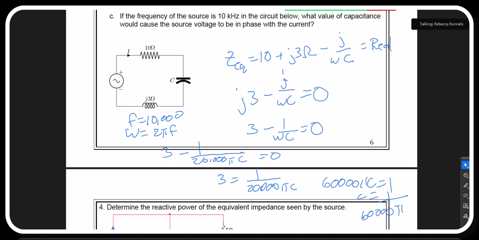So can someone tell me what 1 over 60,000 pi is? 5.305 e to the negative 6, yeah. So 5.3 microfarads.